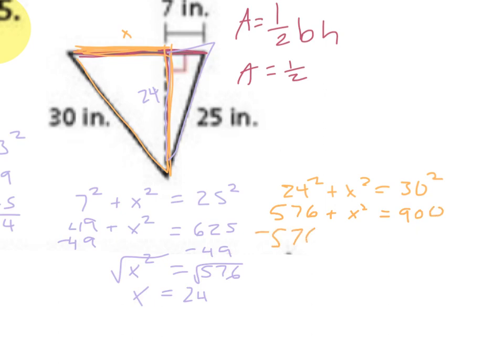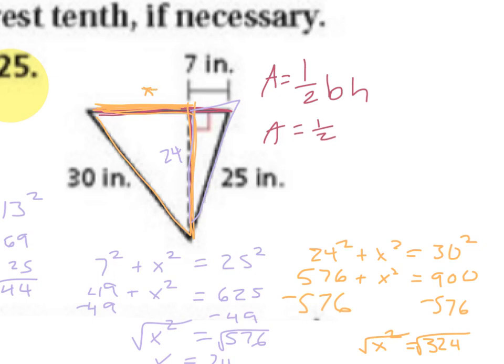We subtract 576 from both sides. We get 324. So x squared is equal to 324. We need to take the square root of both sides. So x is equal to 18. So this length here is going to be 18 inches.